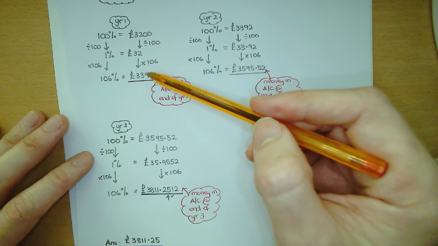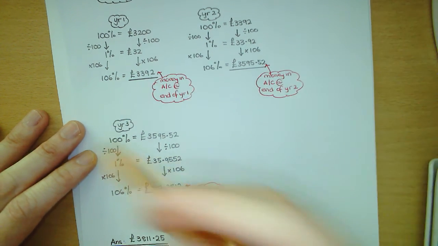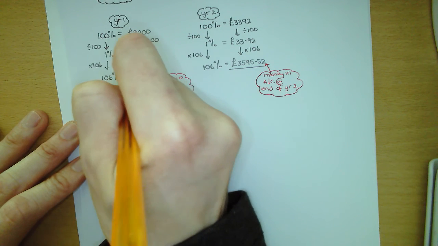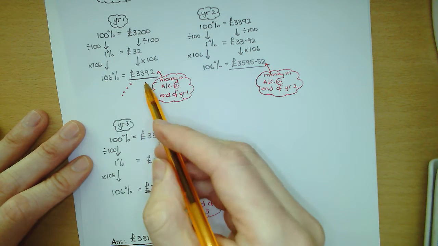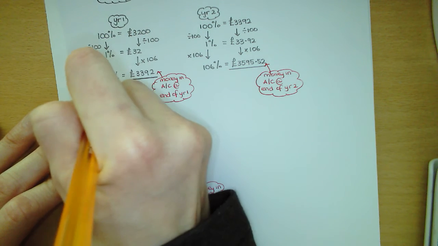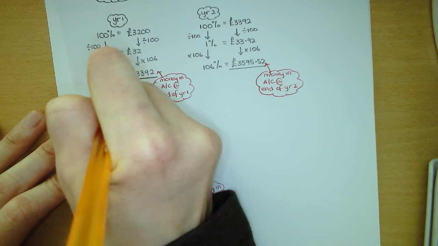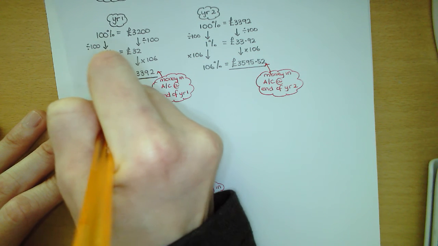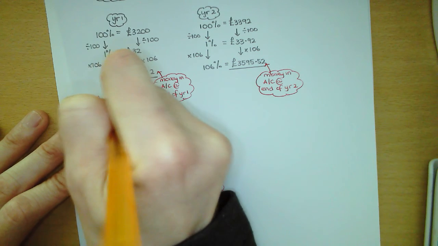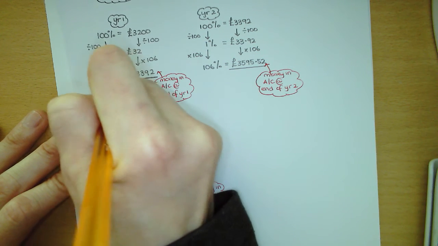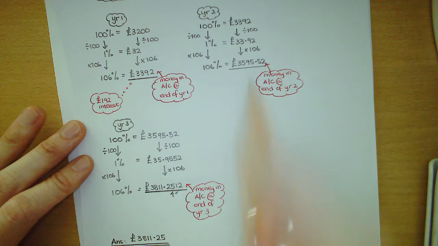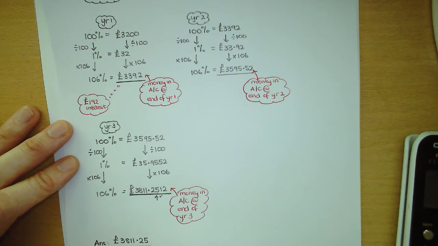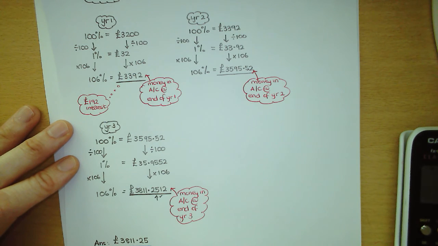So in that year, she received £192 of interest. That's what she got. What happened in year 2? She started with 3,392 and she finished with 3,595.52.